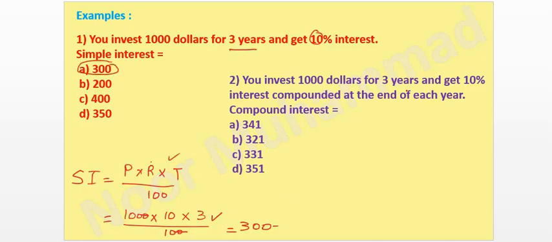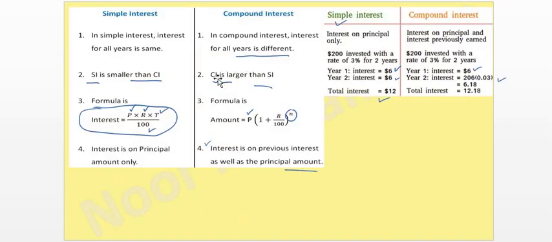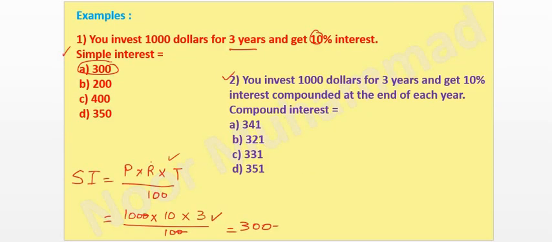Now let's see what we have next. They are saying you invest $1,000 for 3 years and get 10% interest compounded at the end of the year. Find the compound interest. So clearly you can see the difference. The same question, but in this one they want you to find the compound interest, and in the previous one they wanted the simple interest. On the last slide I told you that compound interest is always larger than simple interest. So let's see, is it really larger? How can we find the compound interest?